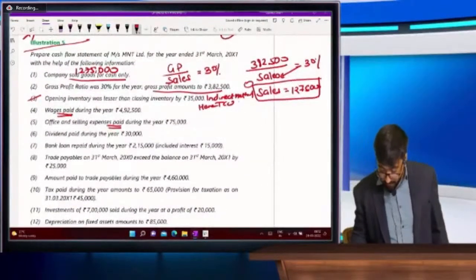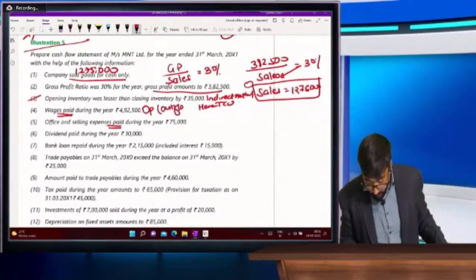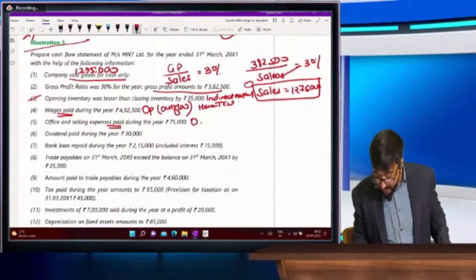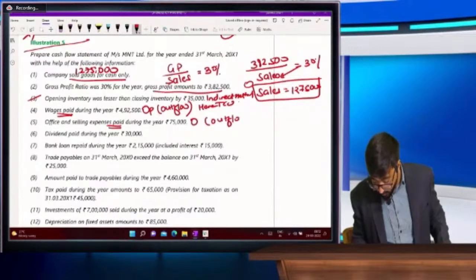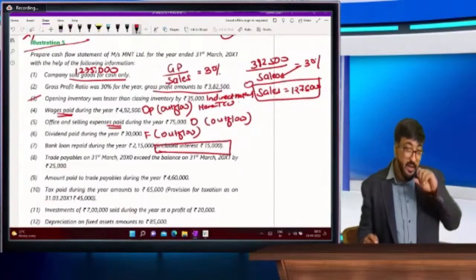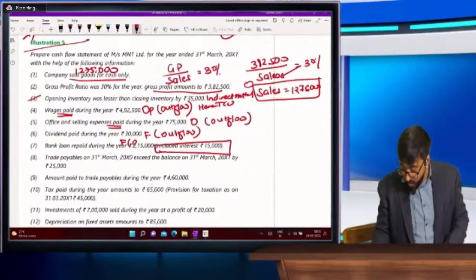Wages paid, operating activity, outflow. Office expenses, operating outflow. Dividend paid, financing outflow. Bank loan including interest. Okay, including interest, I know. So I will consider it financing outflow.